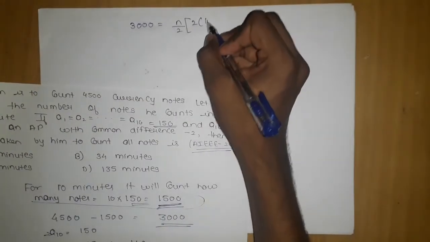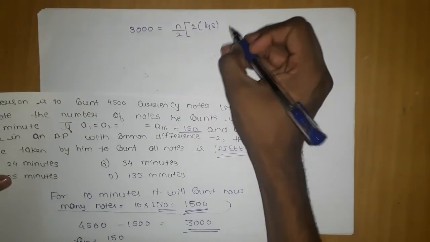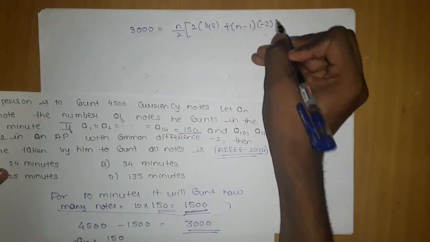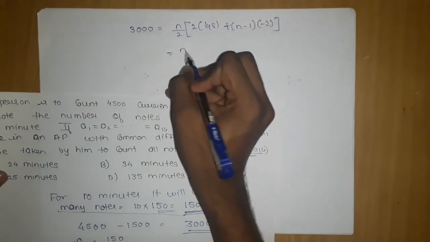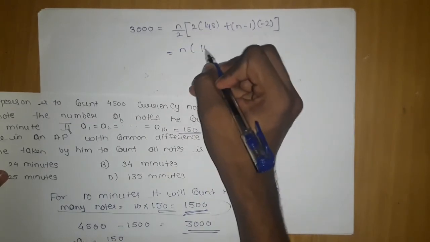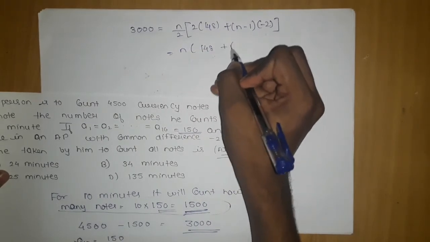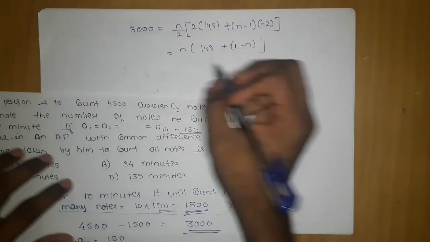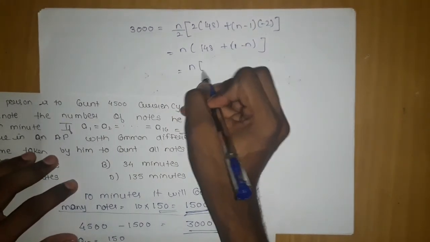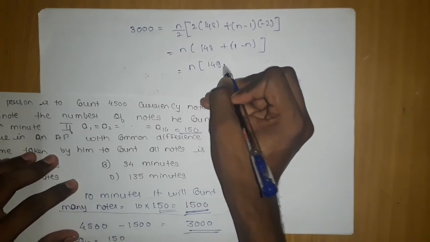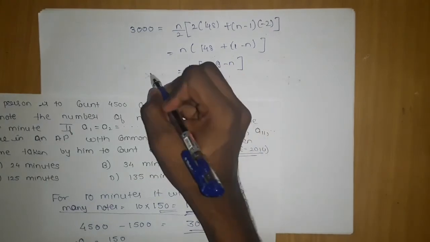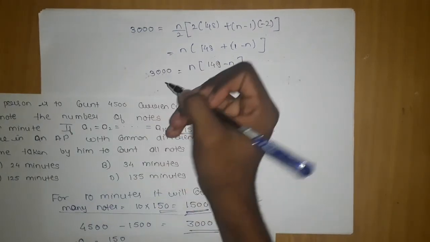So my first term will be 148 plus (n minus 1) into d, which is minus 2. If I move the 2 inside, I will be left with 148 plus 1 minus n, so what I am getting is n into (149 minus n). Here it equals 3000.